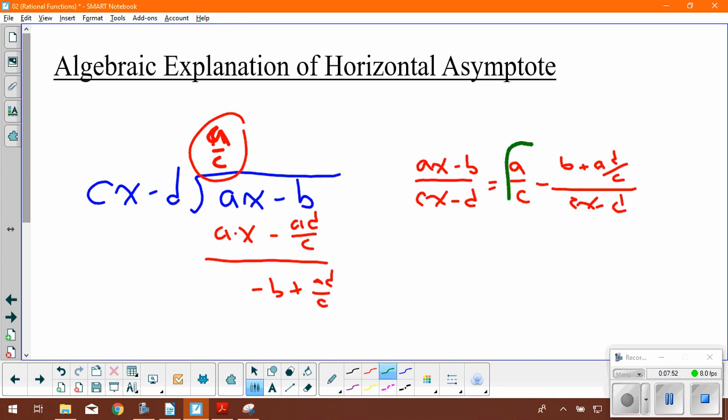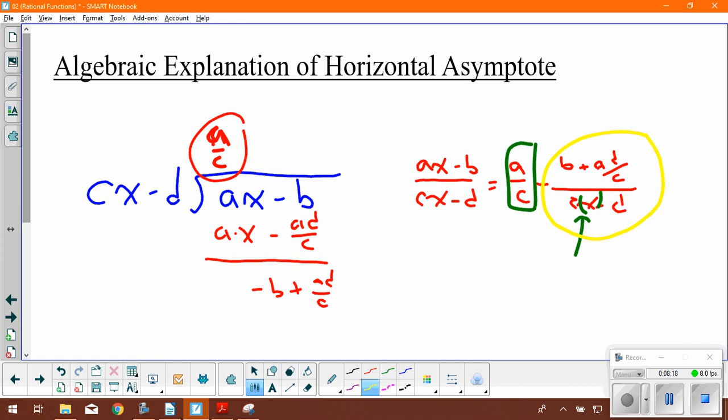Okay. So the horizontal asymptote is related to the end behavior. So as x, so it would be this number right here. Okay, as x goes to infinity, so x gets very, very, very large. Okay, what happens to this second block on the outside? Well, if x gets very large, then my denominator is going to be very, very large.